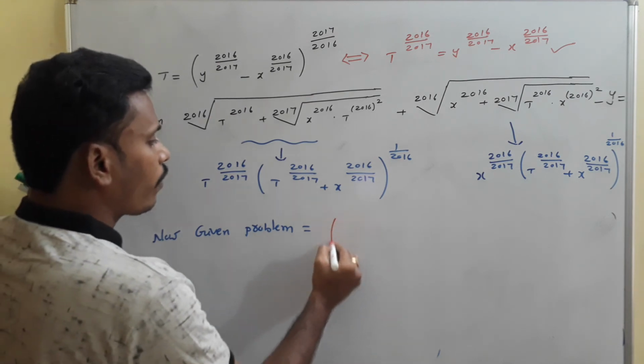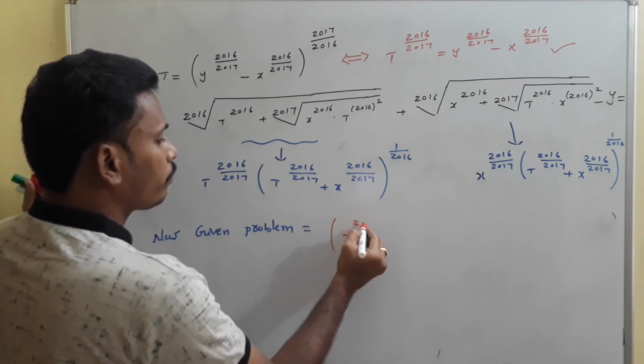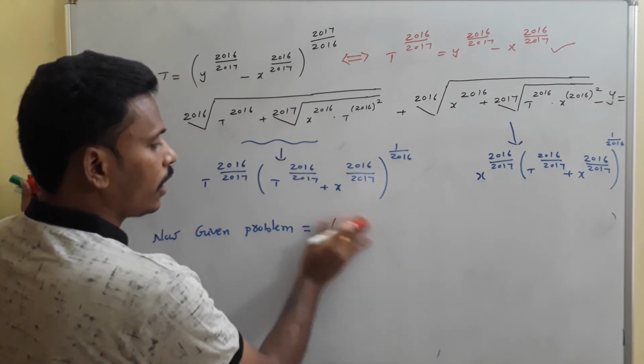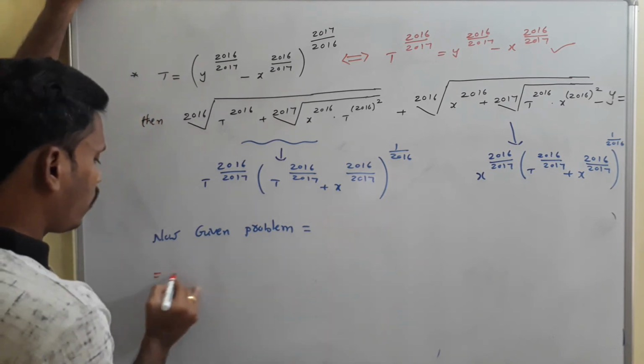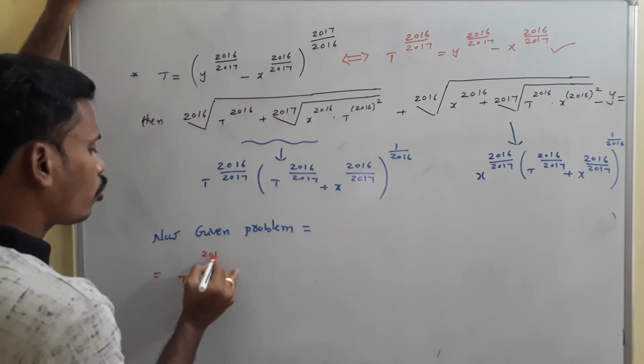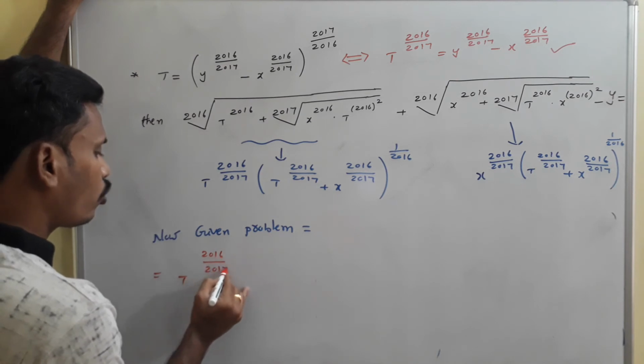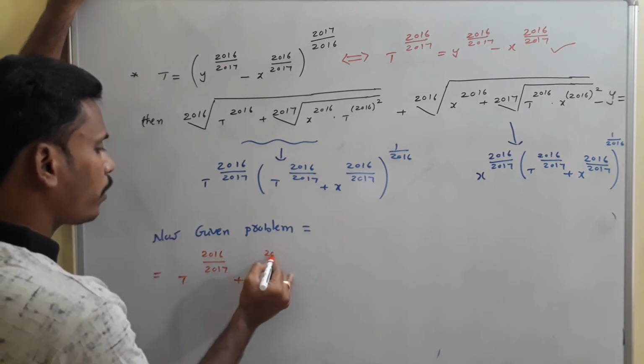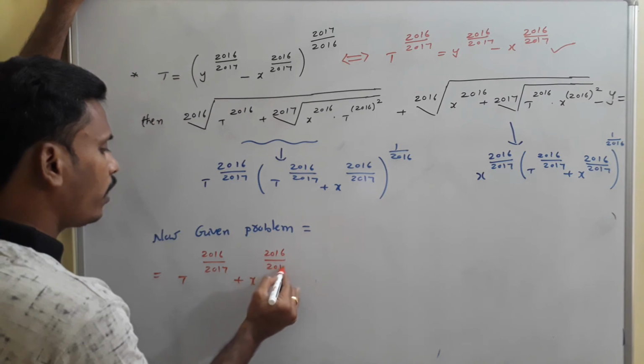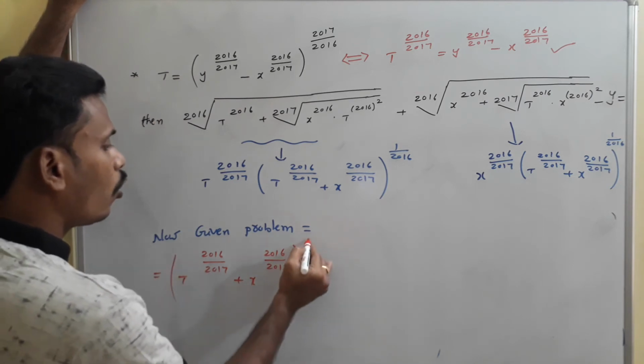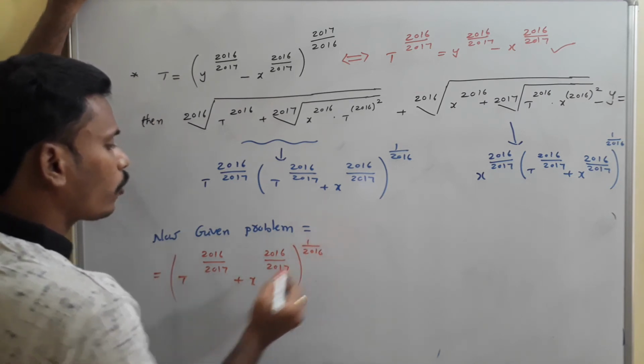So pick it out. You are left with t power 2016 by 2017 plus x power 2016 by 2017 whole to the power 1 by 2016.